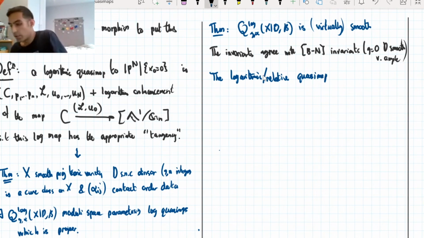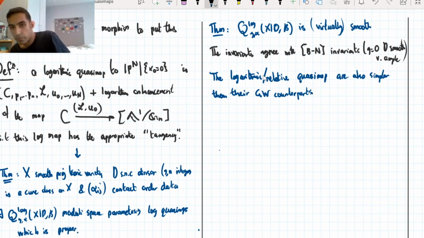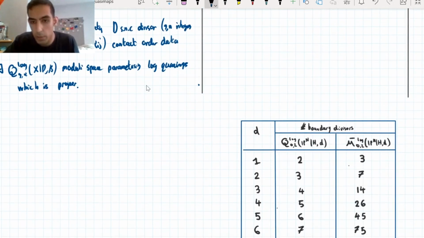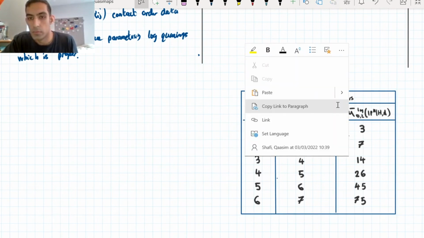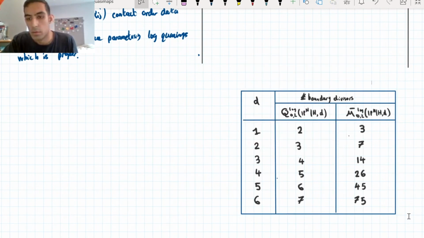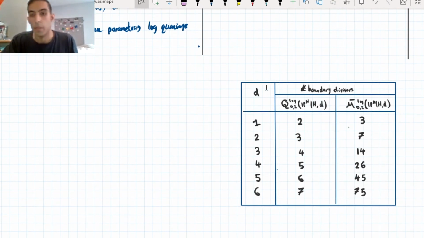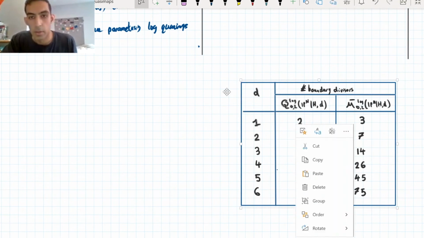So logarithmic or relative Quasimap spaces are also simpler than their Gromov-Witten counterparts. And so I have hopefully hidden below a table, which maybe I can drag up. Oops. Okay. I thought this would be smoother.